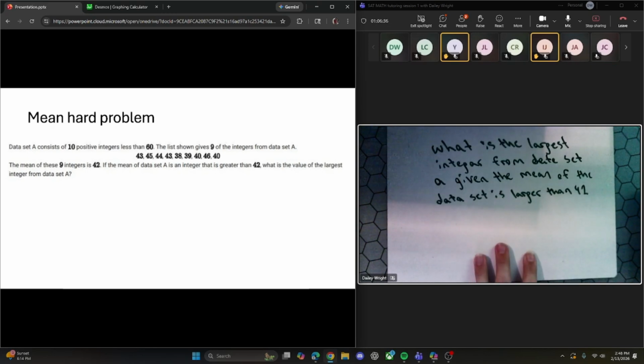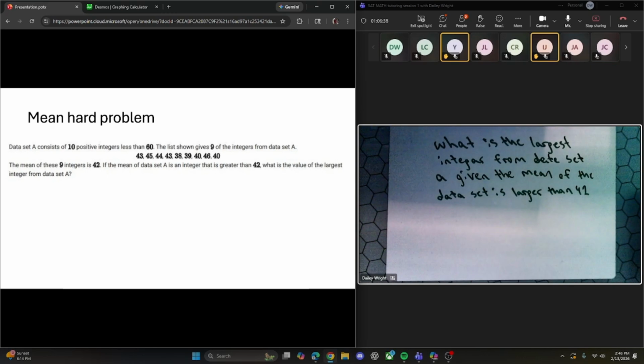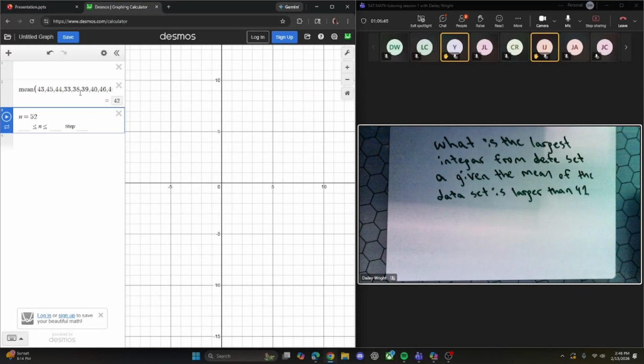So now that we're given this information, we want to find what the largest integer from dataset A is. So I'm going to keep this mean stuff typed in. So here's the mean of the current dataset.